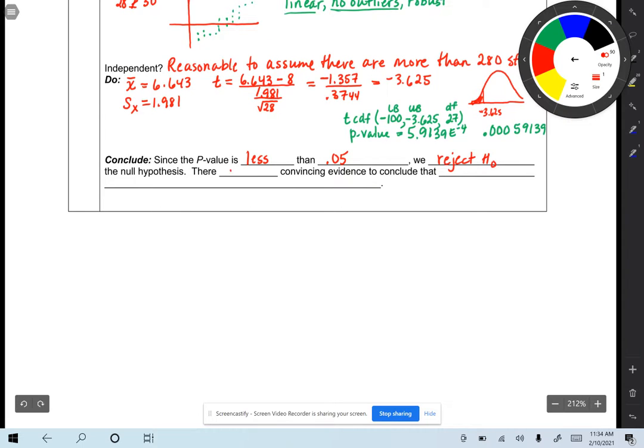There is convincing evidence to conclude that college students get less than 8 hours of sleep on average. This is an average. There we go. So make sure you put that "on average" in.